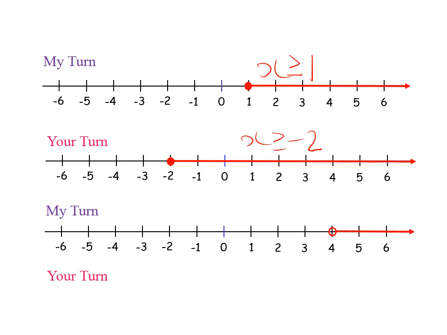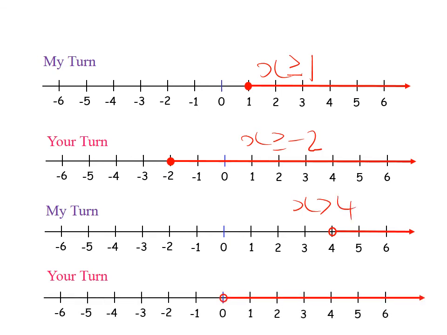Now here we've got an inequality represented on a number line. This time you can see we've got a hollow dot. This is x greater than 4. Try the next one for me. The inequality represented here is x greater than 0.